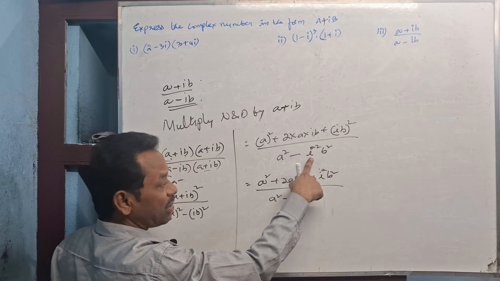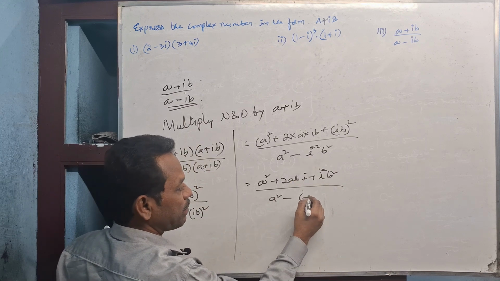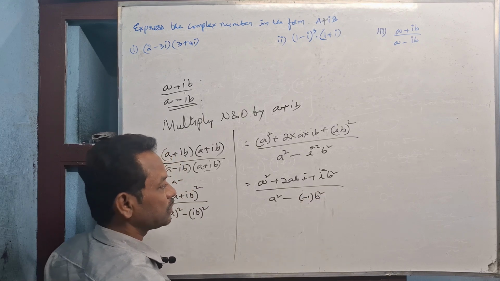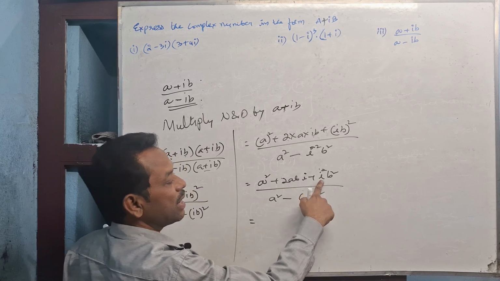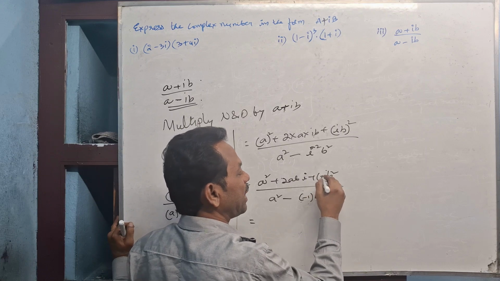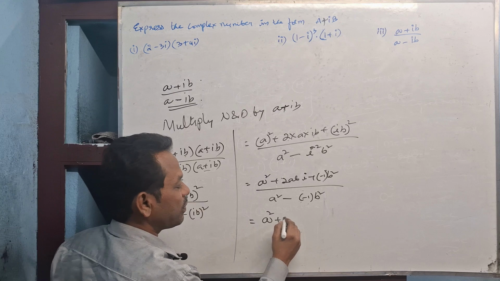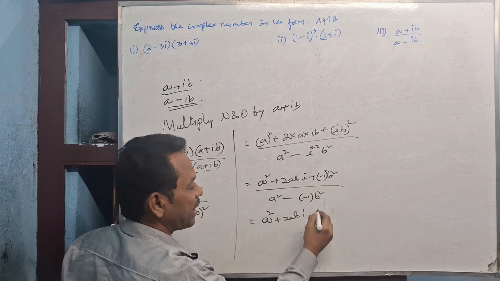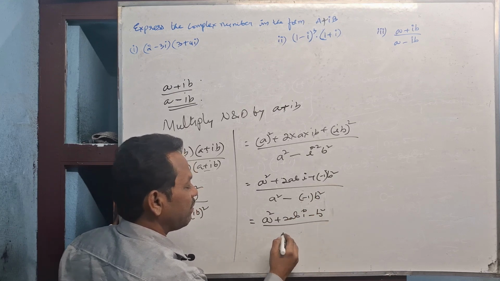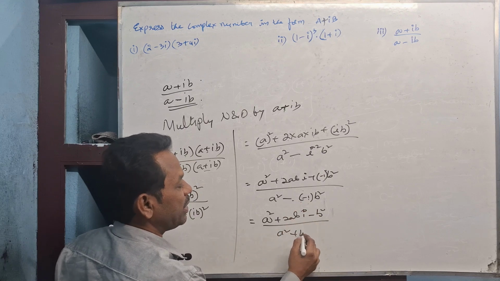We know that the value of i square is minus 1, so let me take minus 1 there, and here also minus 1. On the whole, we get a square plus 2abi minus b square, divided by a square plus b square.